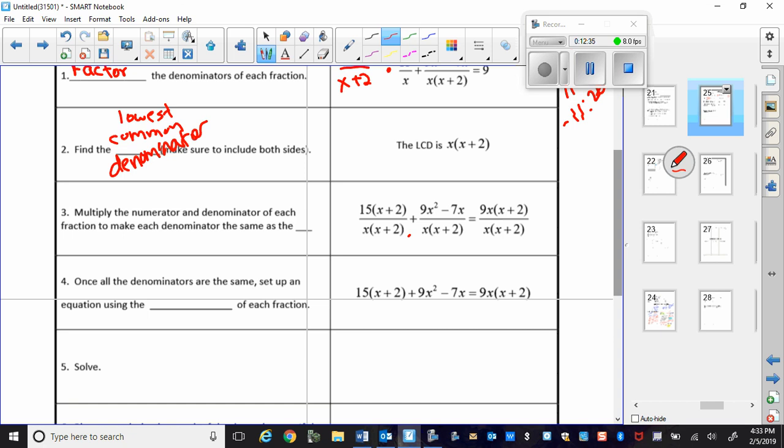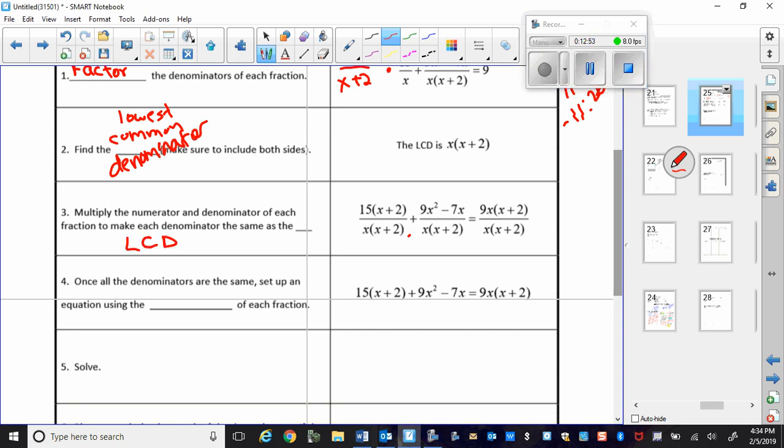So number 3, it says multiply the numerator and denominator of each fraction to make each denominator the same as the lowest common denominator.